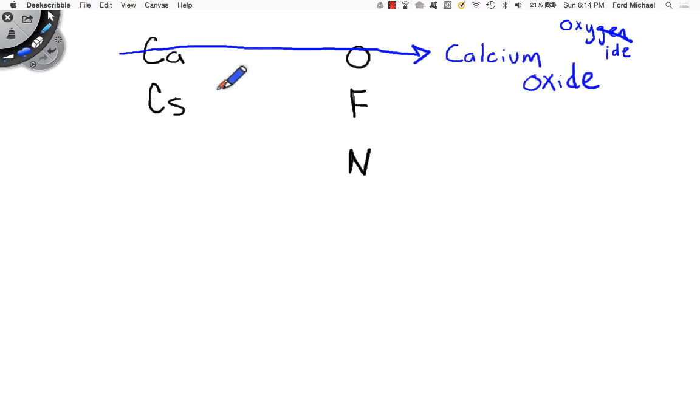All right, now if we want to write the formula, this is the name of the compound. To write the formula, we write the two symbols. Then we have to make sure this is electrically balanced. Calcium is in the alkaline earth metals. It wants to lose 2 electrons, so its ion is +2. Oxygen is over in group 6. It wants to gain 2 electrons.